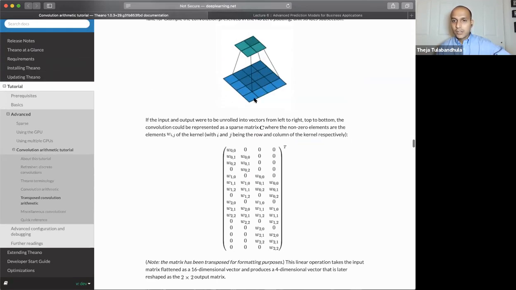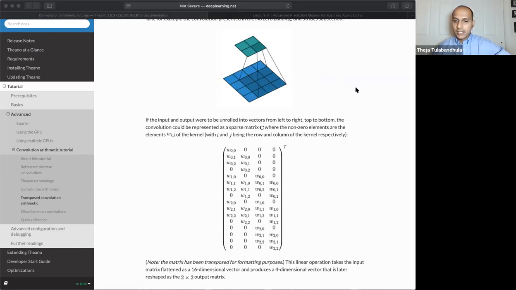So that's how you'd go from a blue matrix to, let's say, this green matrix. Now the opposite is just the exact transpose, essentially the opposite operation. So you can do a transpose of this. So this is already transposed. If you drop the transpose, you can go from a 4-dimensional vector to a 16-dimensional vector. Just to disambiguate that part.